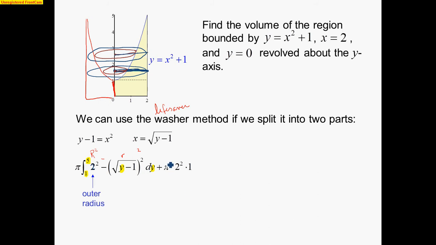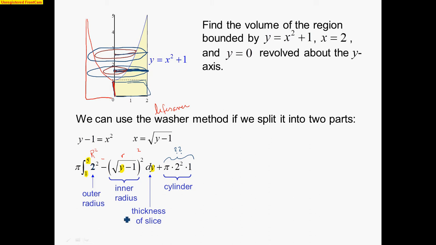What the heck is this? Well, what happens if you rotate a rectangle? What happens if you rotate a rectangle? You don't get a cone, you get a what? Cylinder.